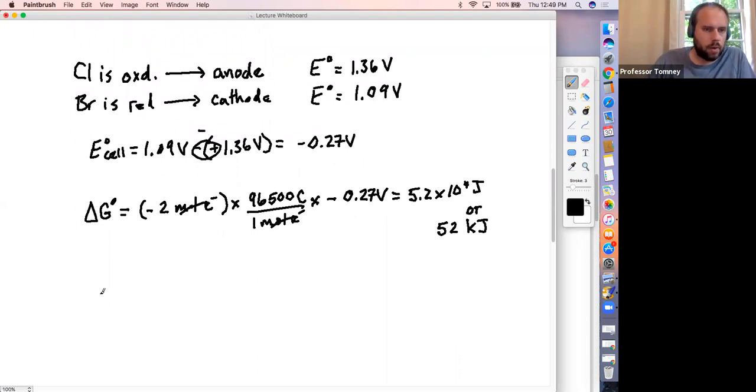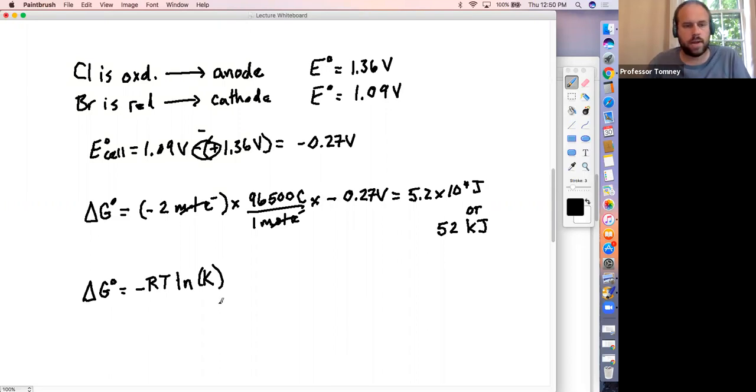The way that I'm going to go about this is, now that I know that, I can also state that delta G is equal to negative RT ln of K, where R is the gas constant in its joules form, as well as the temperature. This is big K, all right?